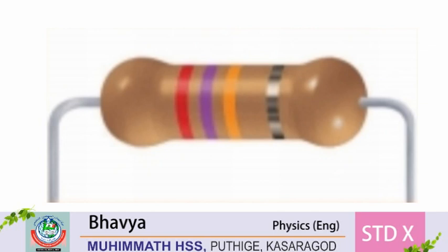In some resistors they write the value, but here it is not written. So using color codes we identify the resistance.